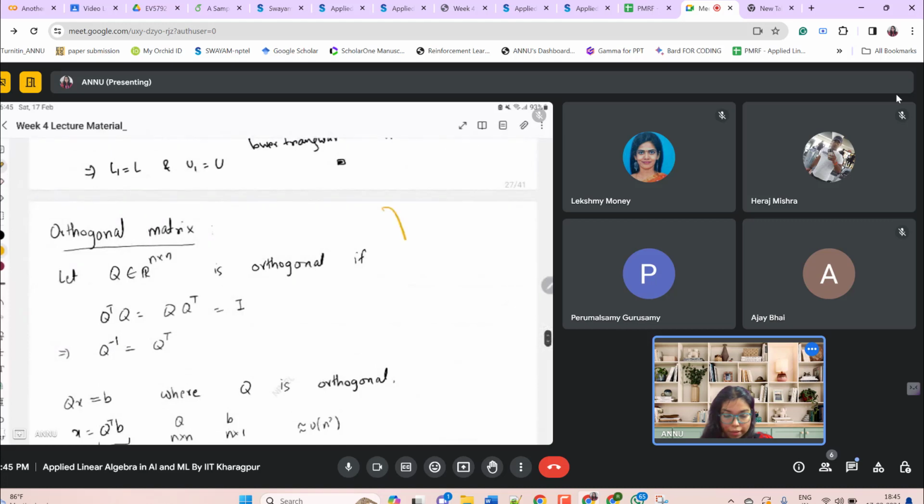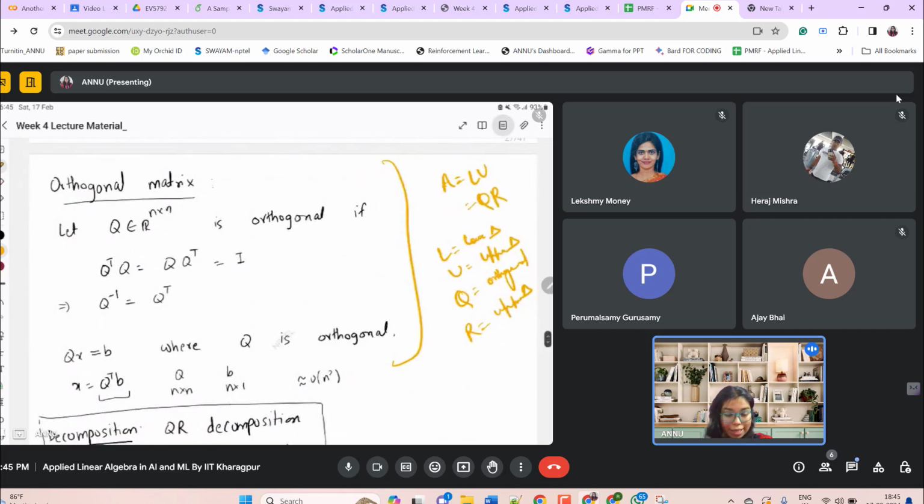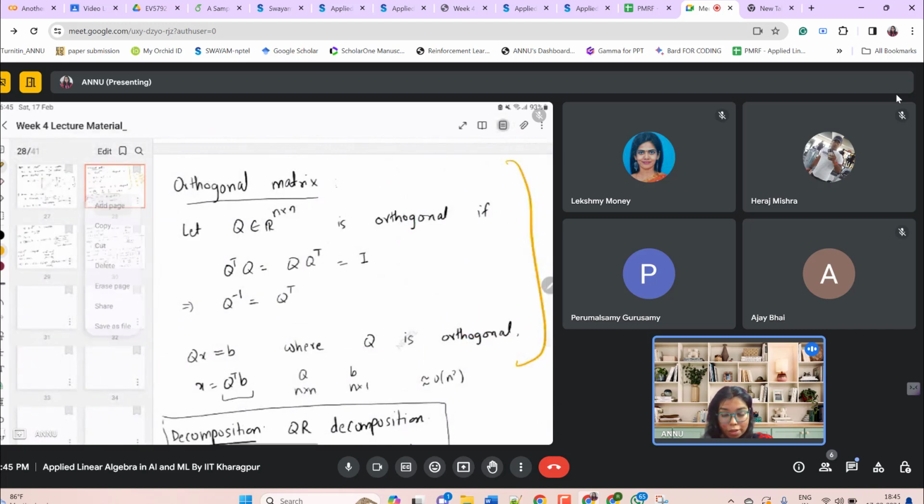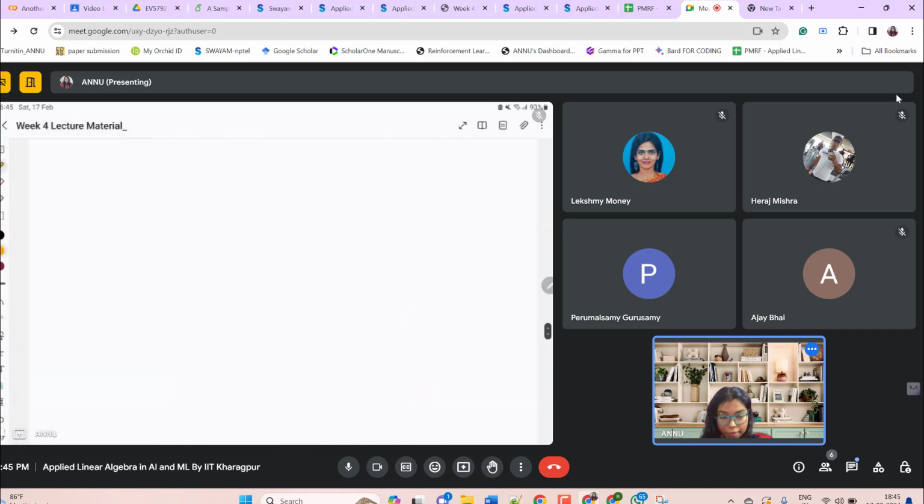In the same way, A can be written as LU, and it can be written as QR. L is lower triangular, U is upper triangular, Q is orthogonal, R is upper triangular. Now we will see some of the good properties of orthogonal matrices.